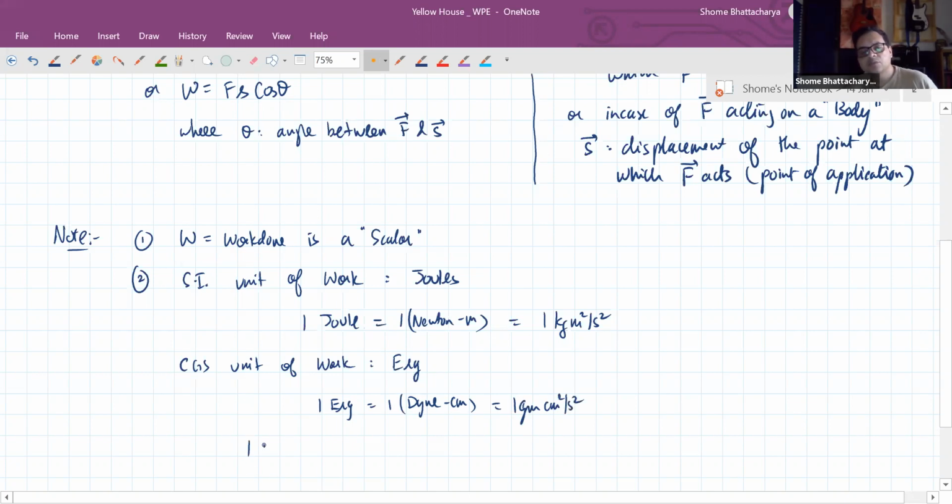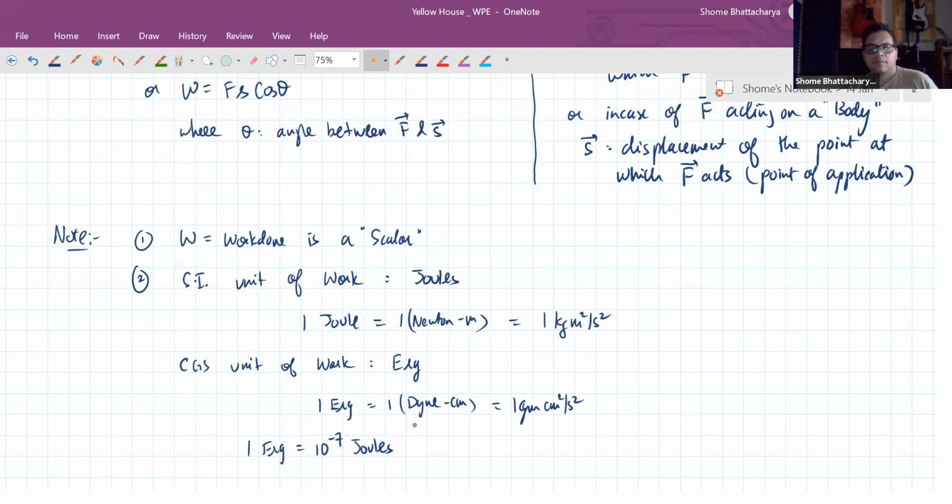You can also see the conversion that 1 erg equals 10 raised to the power minus 7 joules. So this is simply about the units.